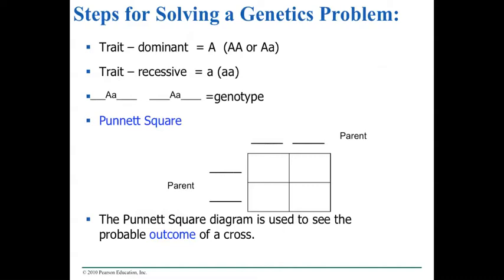So we are now going to determine what happens when you cross the two heterozygous, the sperm and the egg. So first you have to put the parents' genes that could be in the sperm and egg at the top and the side.